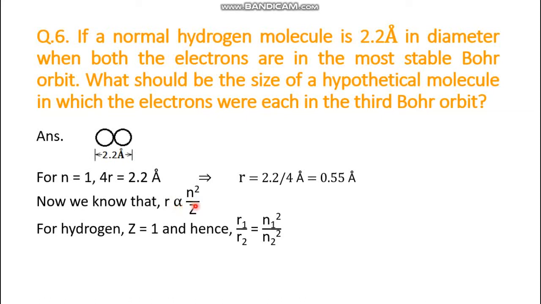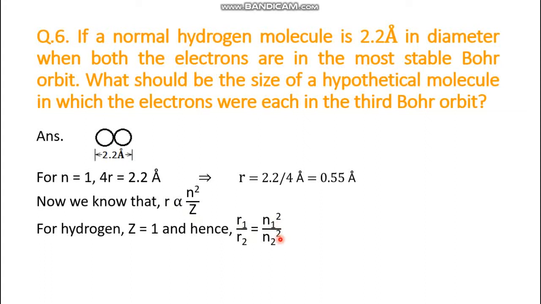For the first Bohr orbit z equals 1, and for the third Bohr orbit also z equals 1, because the atom is not changing. So z becomes constant in this particular case. So r by n square is constant, meaning r1 by r2 equals n1 square by n2 square.